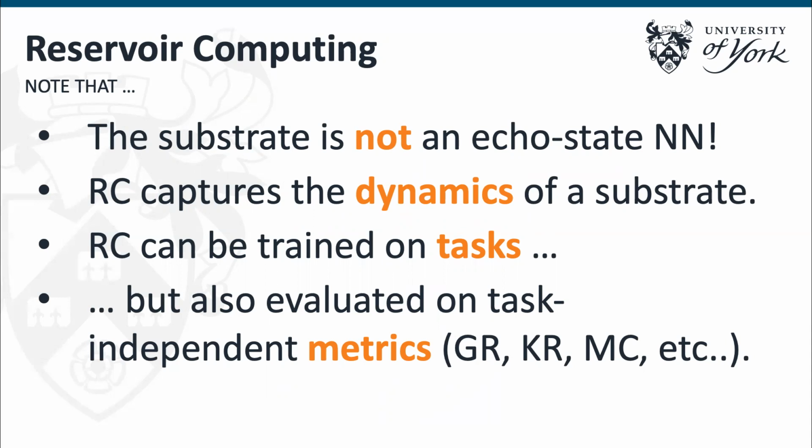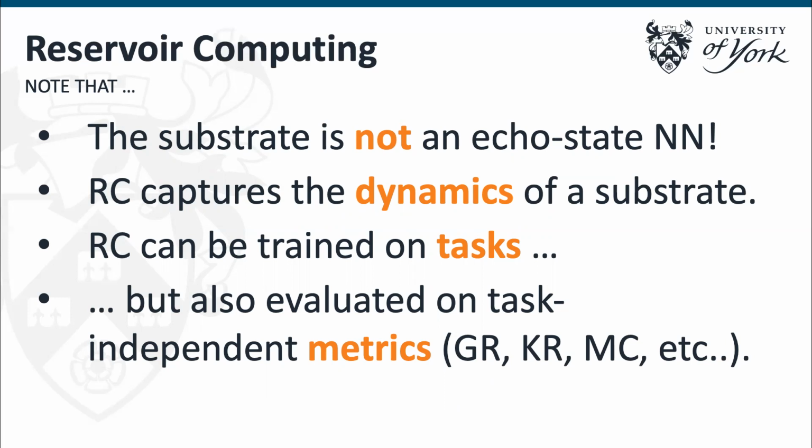But RC captures the dynamics of the substrate. And the most important thing that I need now to go forward is that reservoir computing can be trained on tasks, like the model, I'm talking about the model now, but it can also be evaluated on task-independent metrics. And these are related to the properties that I just said are necessary for this blob in the middle to be a reservoir and useful for computing.